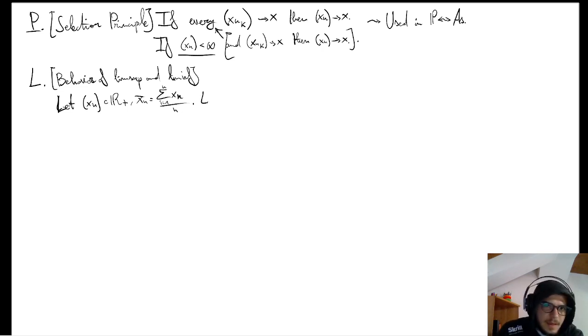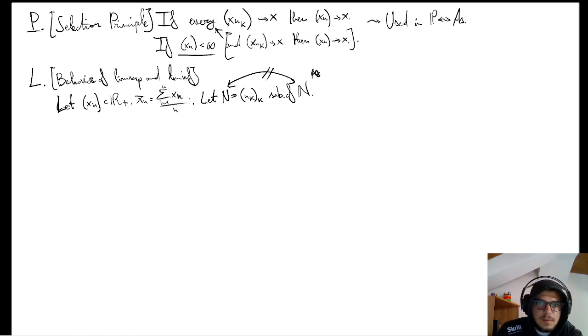And let nk be a subsequence of the natural numbers. Note, these are different: here we have n, here we have the set of natural numbers.